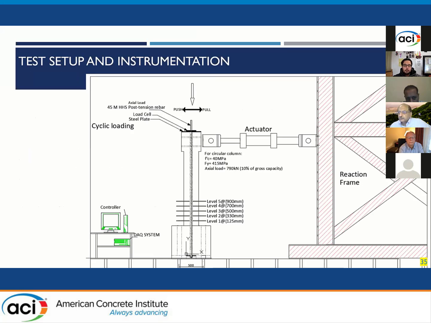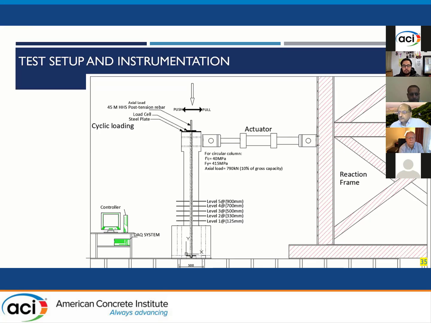So I will again give you a full image of the test setup and the experimental program. We are testing what you can consider half-scale specimens, 20 inches, or 508 millimeters, in diameter, with 5 tons of weight per specimen.